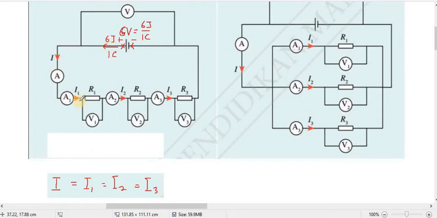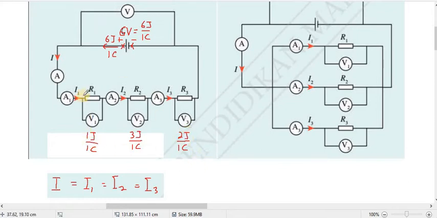So when the 1 coulomb of charge reaches the first resistor, let's say it does the work of 1 joule. Then when it passes through the second one, let's say 1 coulomb does the work of 3 joule. And when it passes through the third one, every 1 coulomb does the work of 2 joule, for example.